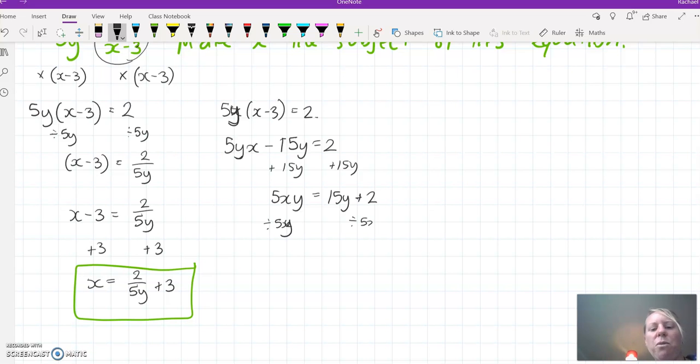So we divide by 5y on both sides. Because we're dividing by 5 and dividing by y, we may as well divide by 5y. So you'd end up with x equals 15y plus 2 over 5y. And then that, of course, could simplify down. 15y divided by 5y is just 3, and then we've got 2 over 5y as our other term.